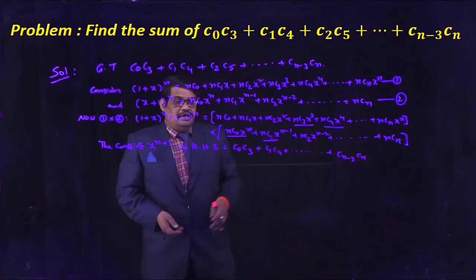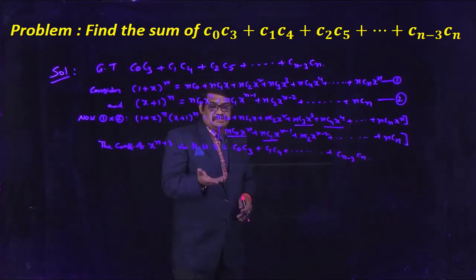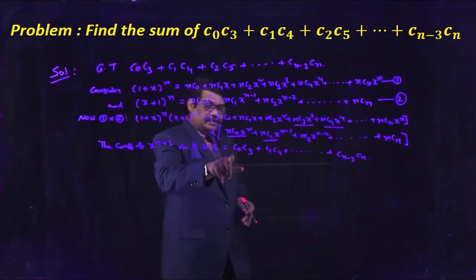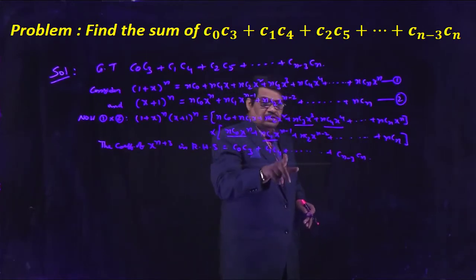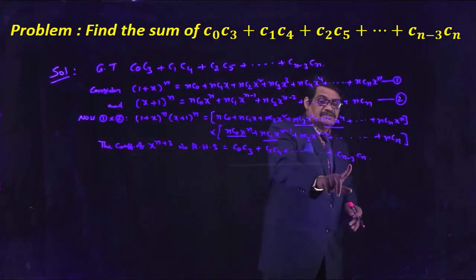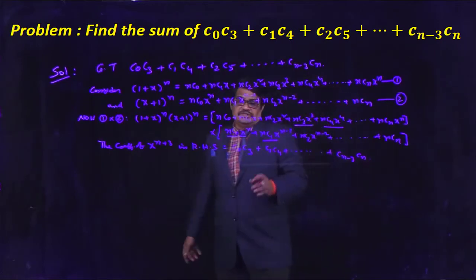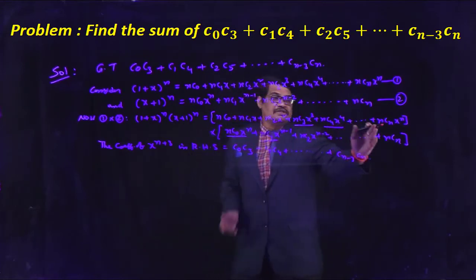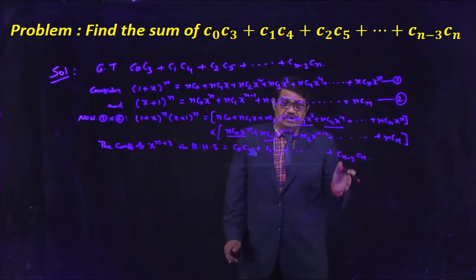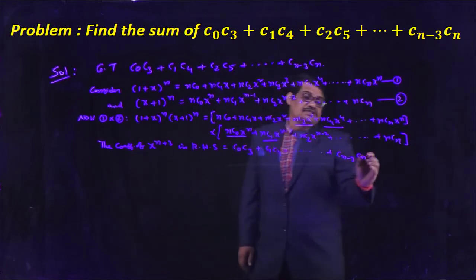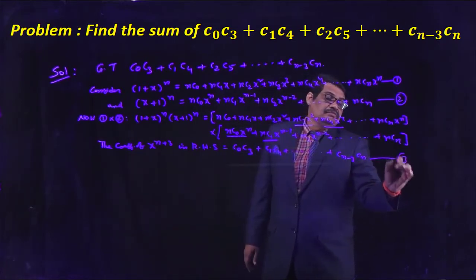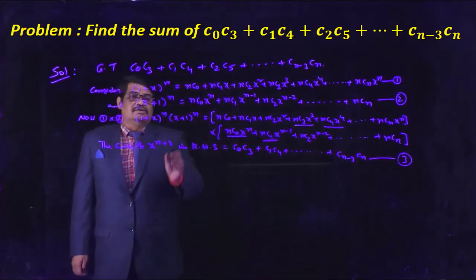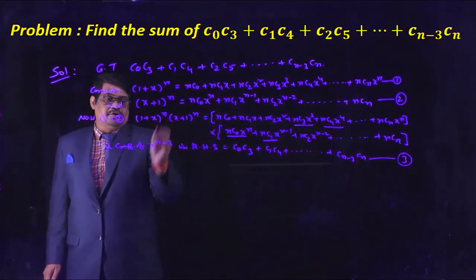Simply, we write nC0 as C0 and nC3 as C3, using simple notation. Then we get C0 C3 plus C1 C4 and so on, plus C(n minus 3) Cn. So this is the coefficient of x to the power of n plus 3 in the RHS of the product of equations 1 and 2. Let us call this equation 3. Now we take the LHS of the product of these two equations.